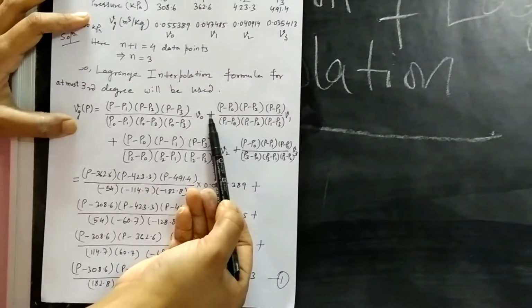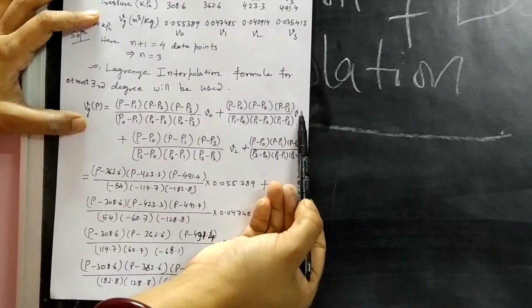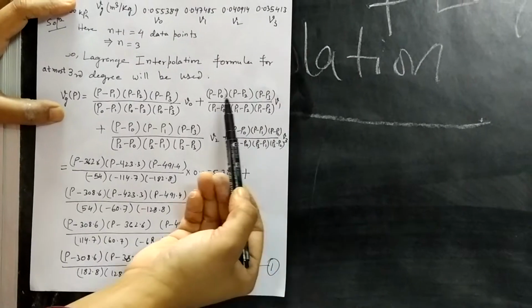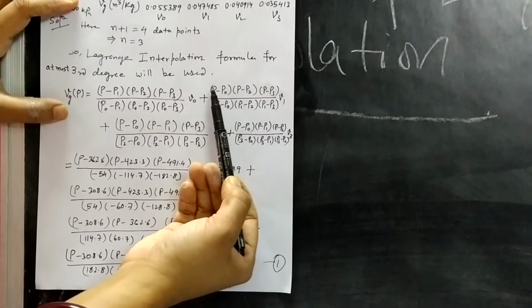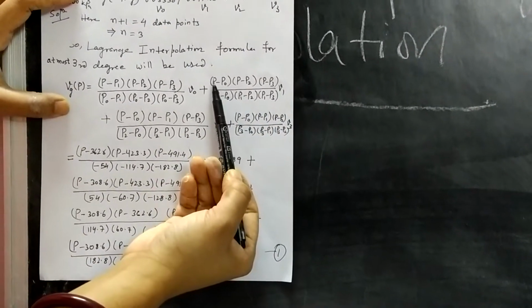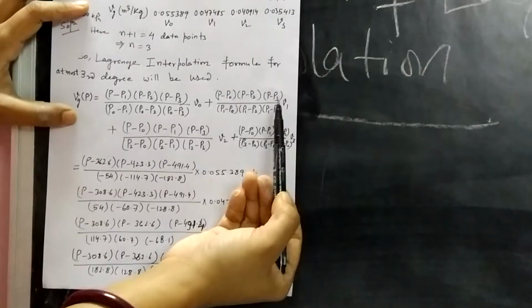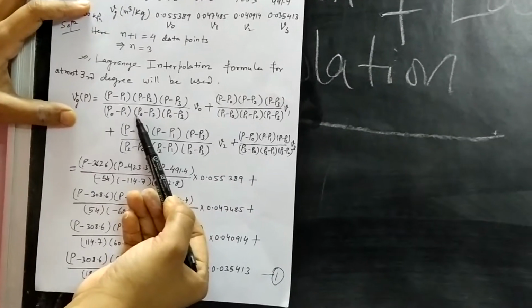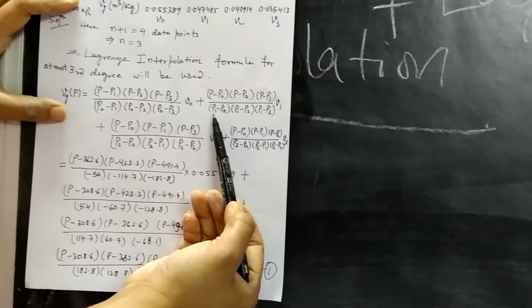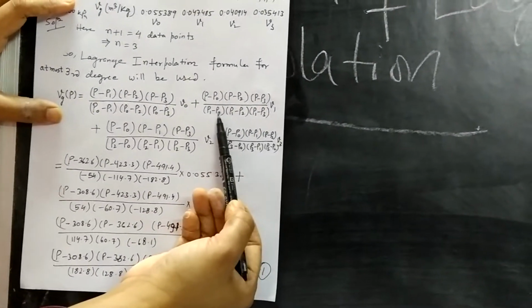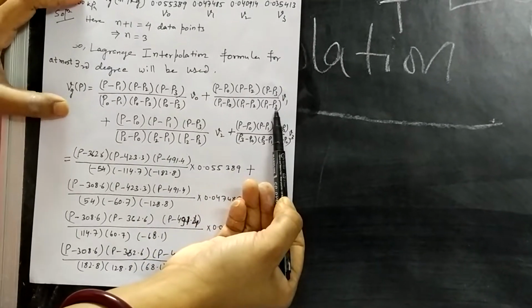Similarly, the second term is of V1, which means we have P1. So in the numerator we will not take the difference of P from P1. We are left with P minus P0, P minus P2, P minus P3, and in the denominator we take the differences from P1: P1 minus P0, P1 minus P2, P1 minus P3.